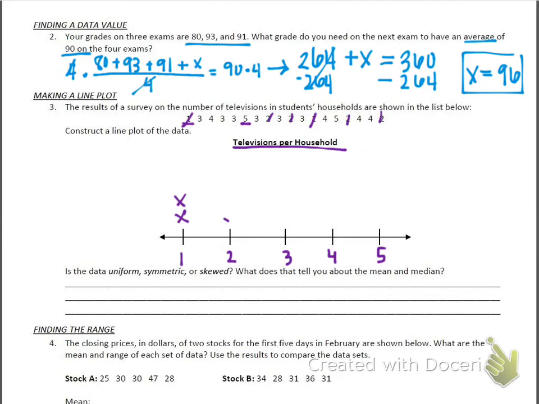So we're going to do 4 X's. You want to make sure that you space them all out pretty evenly. If you squish them all together, it's going to be hard for you to see what the data looks like. How about in 3? How many have 3? 6? 1, 2, 3, 4, 5, 6.